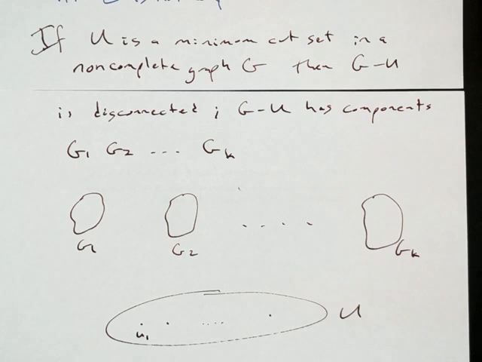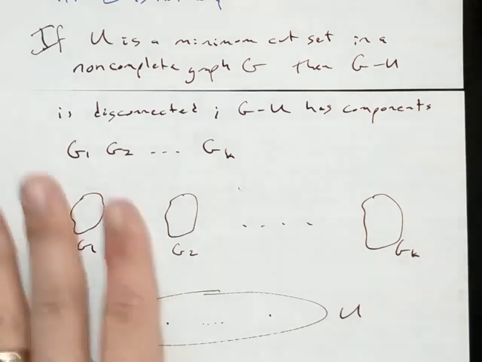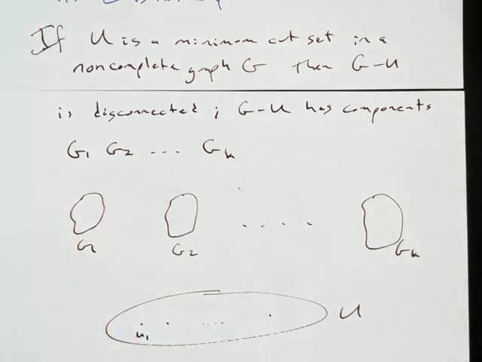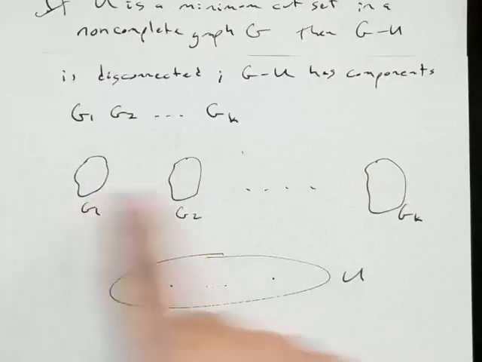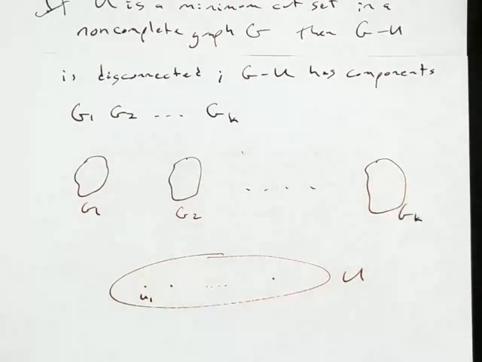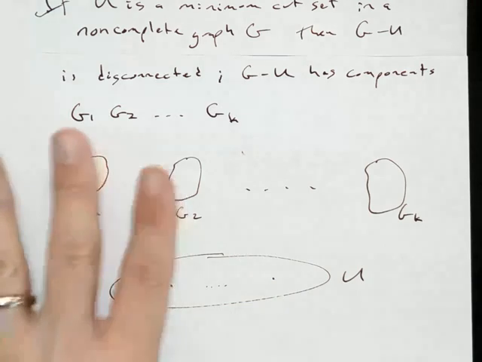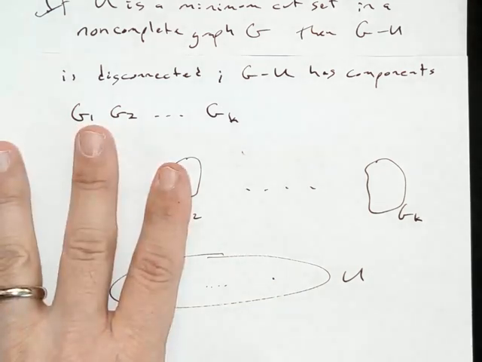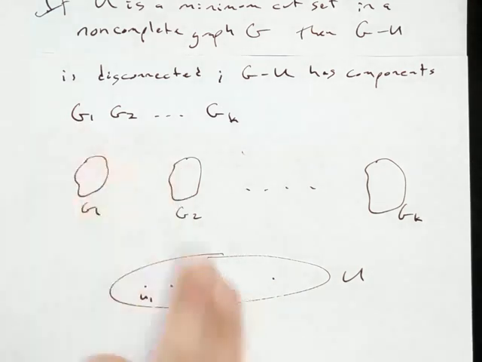What's the minimum degree of U1? Why 2? Suppose it just connected two of the components. Then, since there's no other way to get from here, if I left U1, these two would still be connected, wouldn't they? That would be one component.